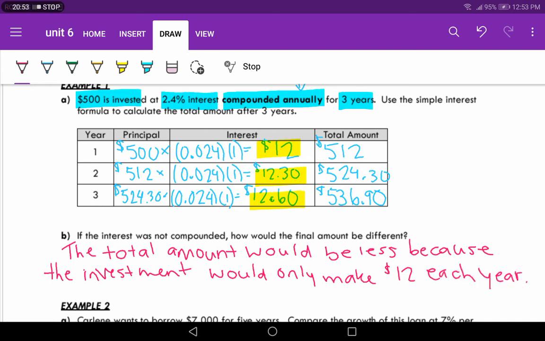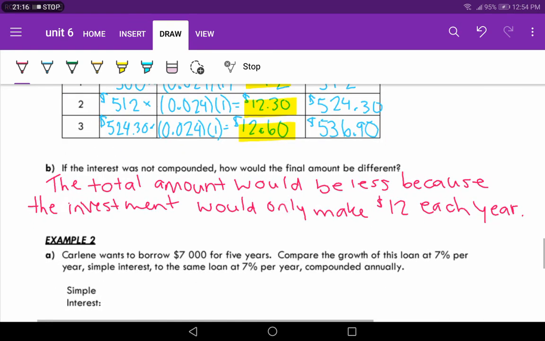Okay, and again, we can't really see how that would be a drastic change right now, but if we continued with this, we would start to see kind of a larger difference in our numbers. I just want to double check to make sure my numbers were correct here. Yes, okay, perfect. All right, moving on to example 2.